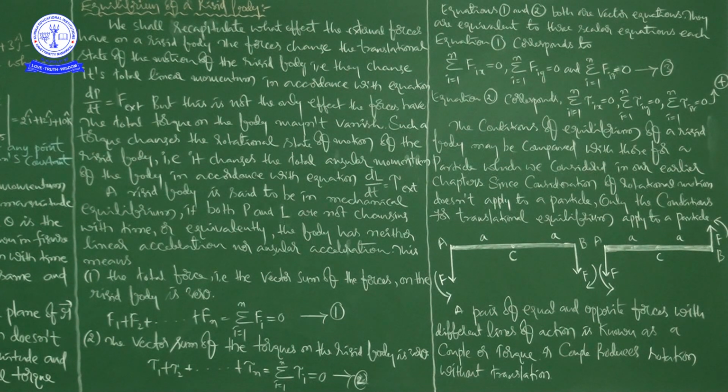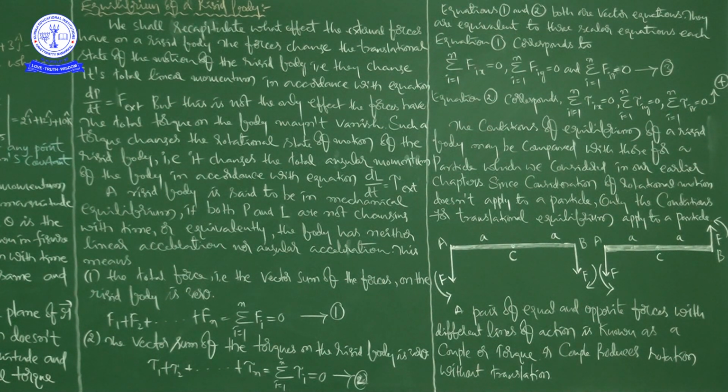Here the net moment on the rod will be 0, so the system will be in rotational equilibrium, but it will not be in translational equilibrium, right? Here the force at B, shown in figure A, is reversed in this figure. That is the only difference between these two figures, right?